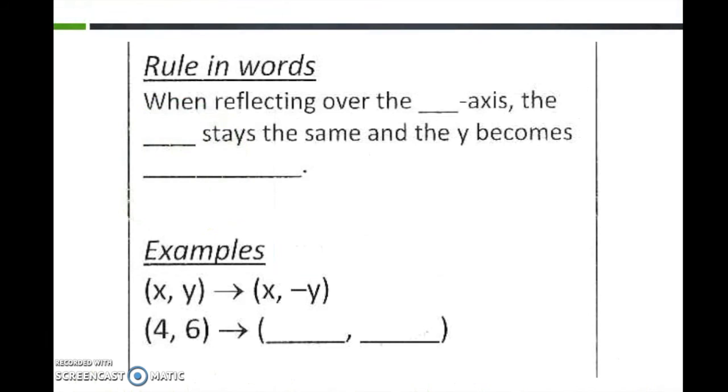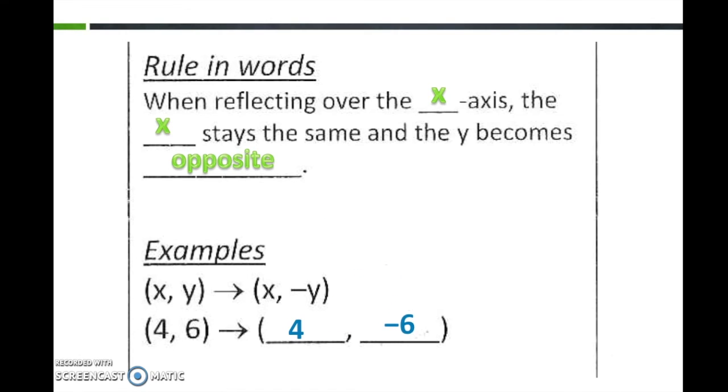When reflecting over the x-axis, the x stays the same and the y becomes the opposite. For example, I have coordinate (4, 6), and according to the rule, my x is going to stay the same, so my 4 stays the same, and my y becomes the opposite. So right now it's positive 6, so it becomes the opposite, negative 6.